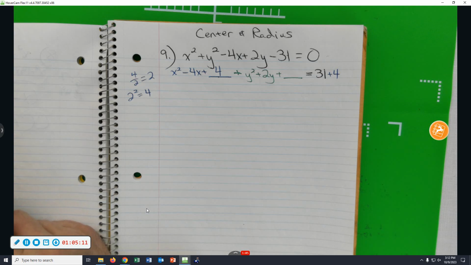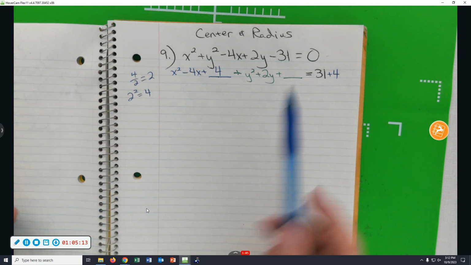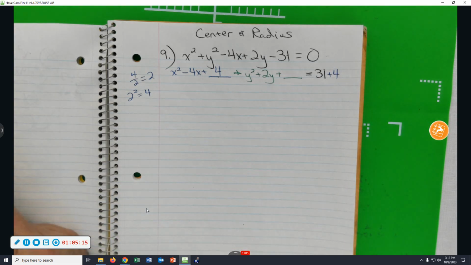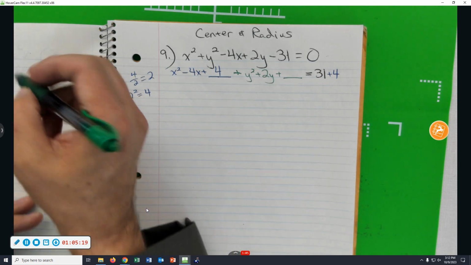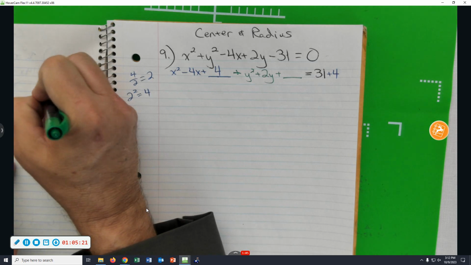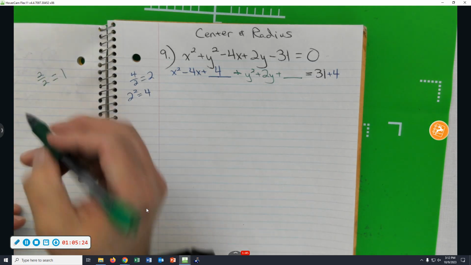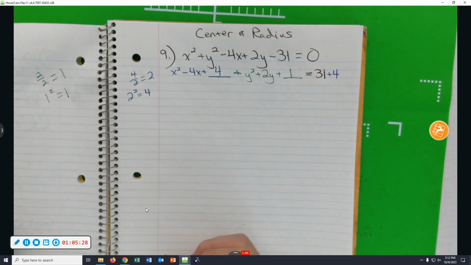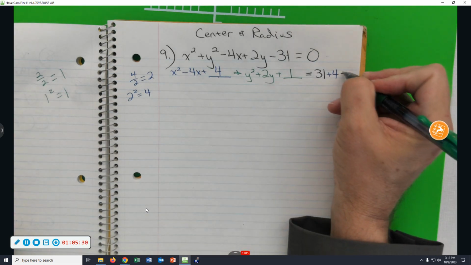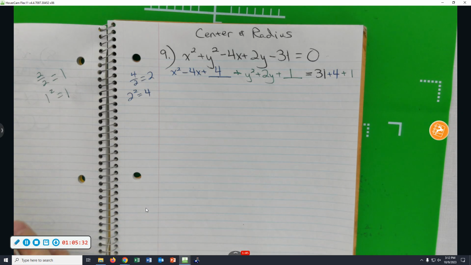What number will we add into the y blank? 1, I agree. Half of 2 is 1. Here's my scratch work. Half of 2 is 1, and 1 squared is 1. So we add 1 to the left side and 1 to the right side.